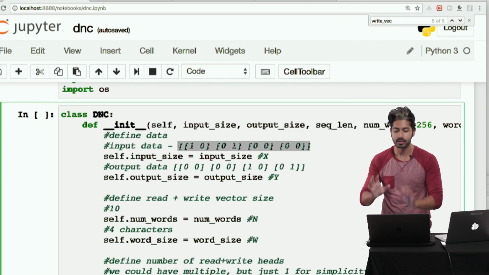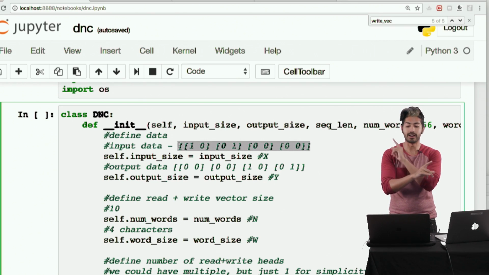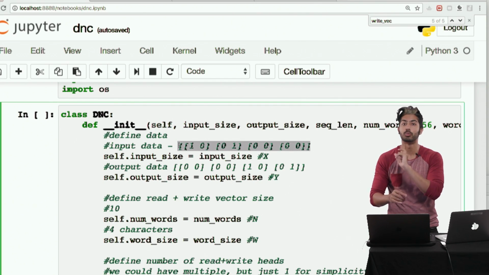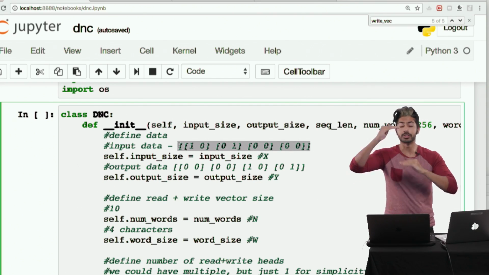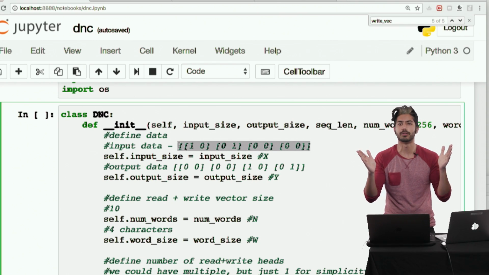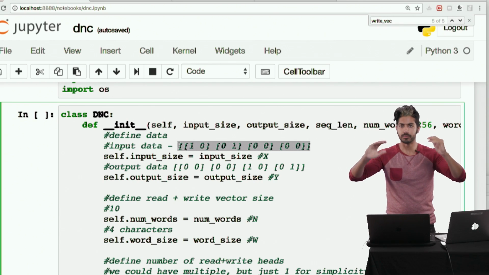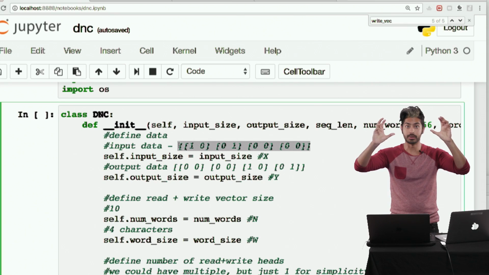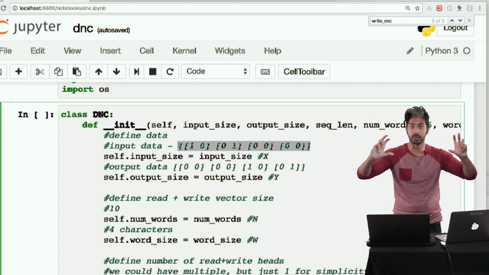Recall that it is a set of binary pairs, 1, 0, 0, 1, 0, 0, and these pairs are going to be randomly initialized. It doesn't matter. But there's going to be a mapping, both for the input and output data. They're both just a series of ones and zeros, right? And we want to learn the mapping between the two so that given some novel input with ones and zeros, we can then predict what the probable output set of ones and zeros would be, right?